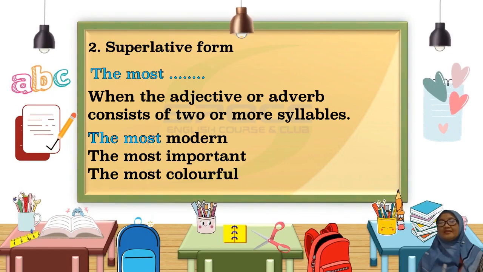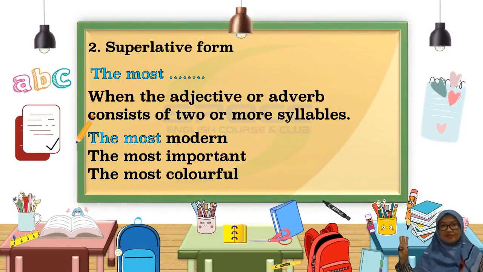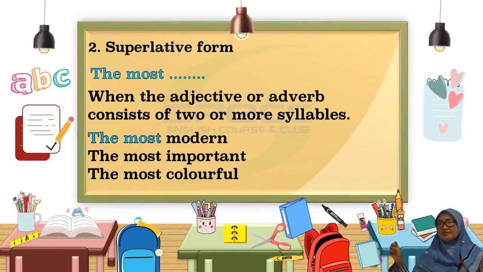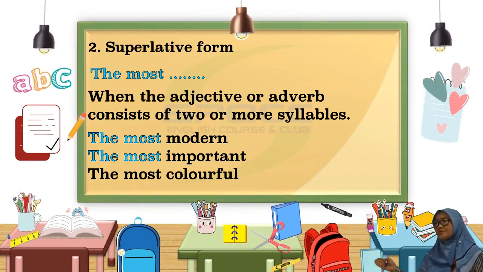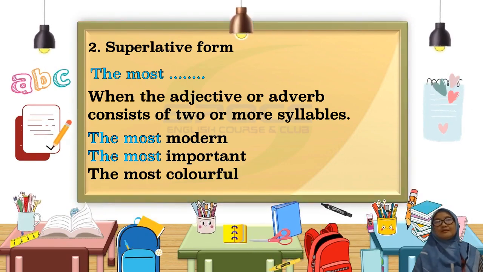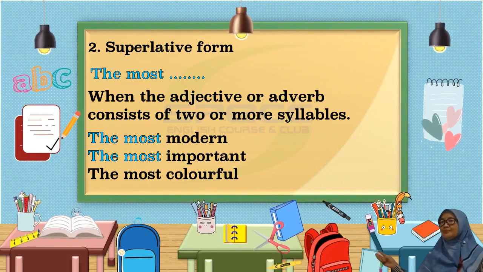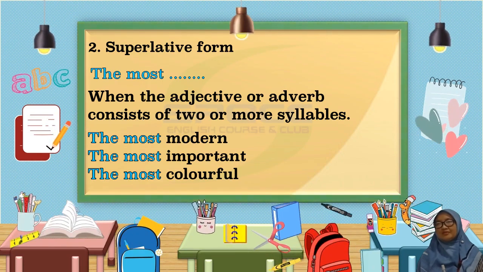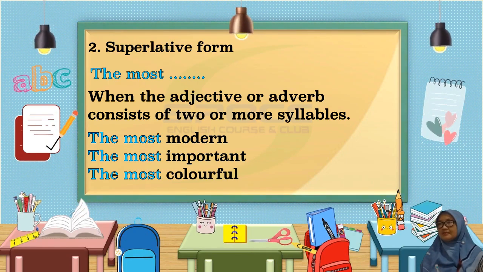And then important consists of three syllables, so we use the most important. And colorful, also three syllables, becomes the most colorful for the superlative form.